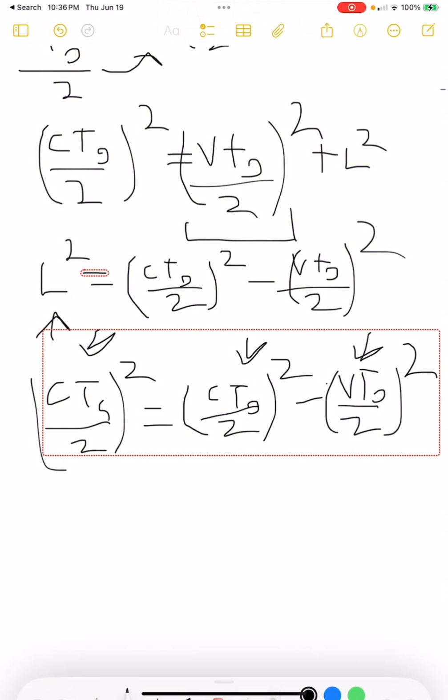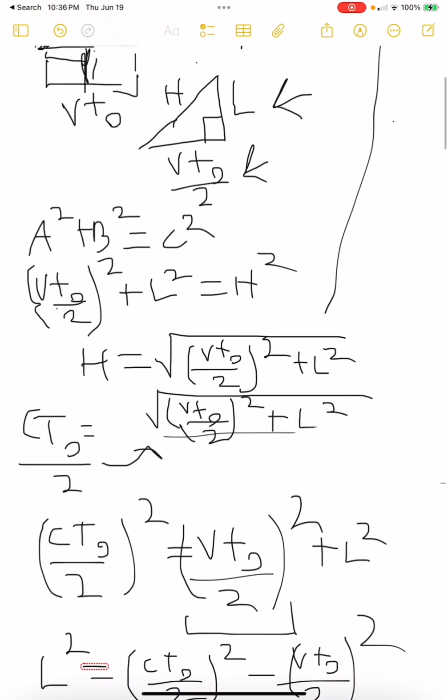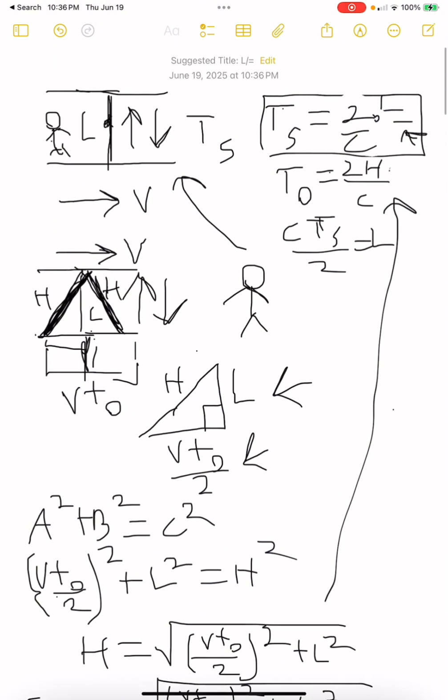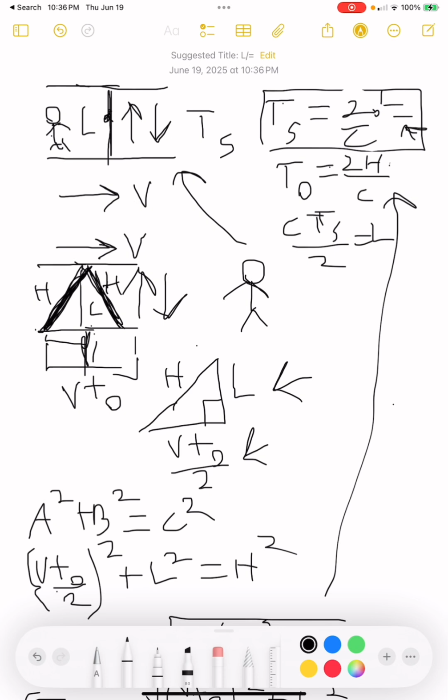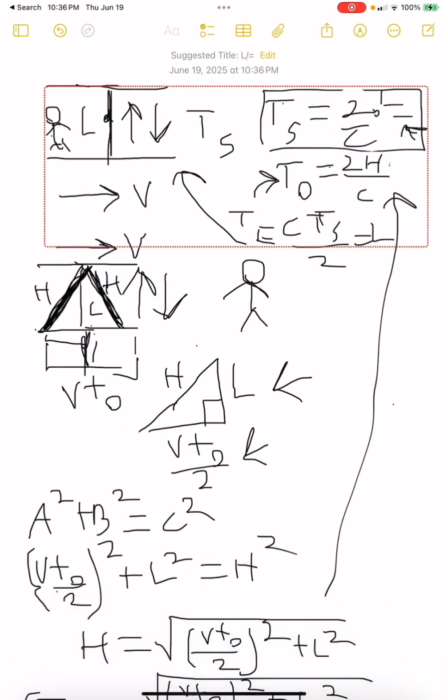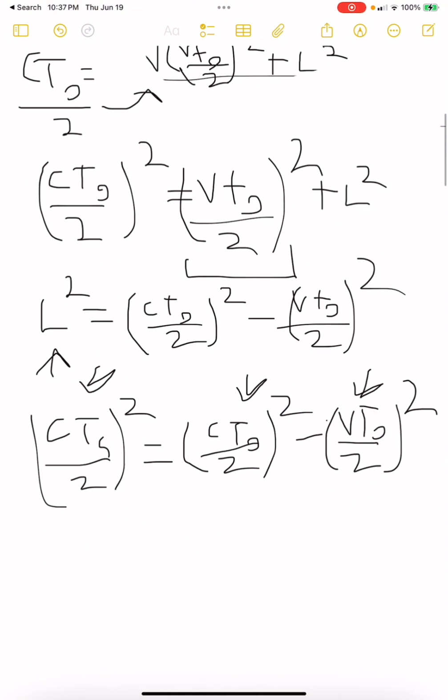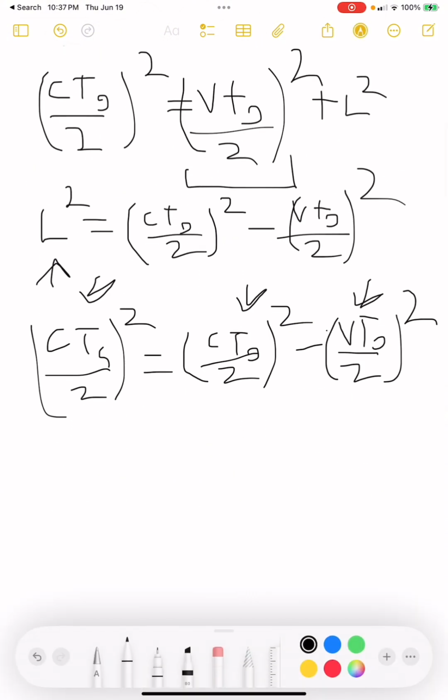Oh, I'm sorry, all of the t of 0s here, I meant for t of e, but t of 0 is technically t of e for this time. I just really like using t of 0 because it's an instinct. So t of 0 is Earth time.